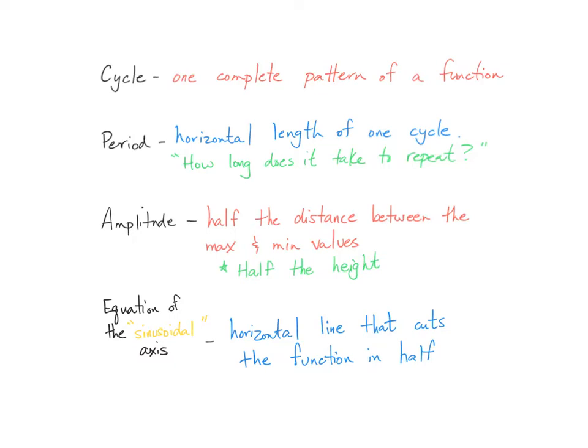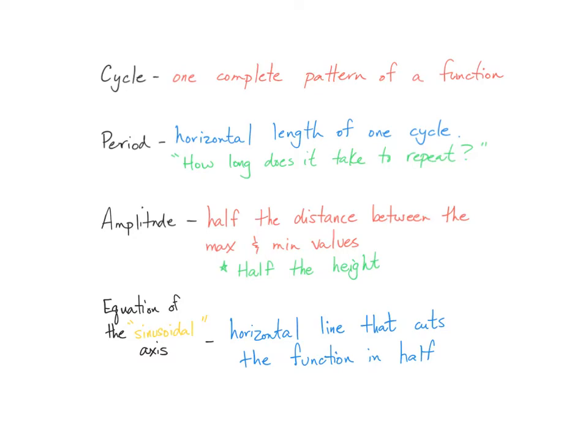The amplitude is defined as half the distance between the maximum and minimum values. And so if we're going from the max down to the min, or vice versa, then really what we're talking about is half the height of the curve. So half the distance from the max to the min is really half the height. The last part, you'll often hear this just simply referred to as the equation of the axis, but it can also be referred to more formally as the equation of the sinusoidal axis.